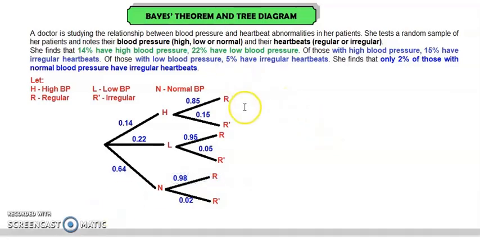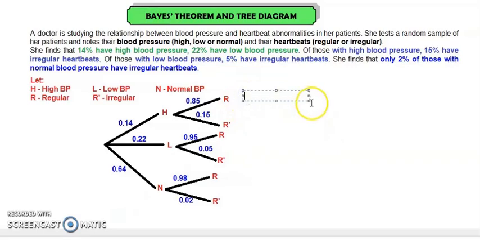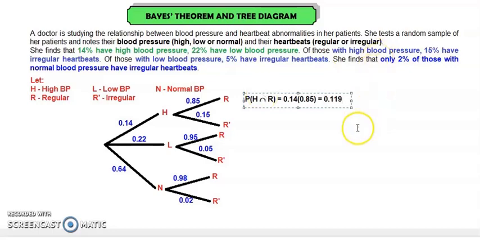Now let's calculate the probability for each outcome. Here will be the probability of H intersect R. This is equal to 0.14 multiplied by 0.85, so here will be 0.119.